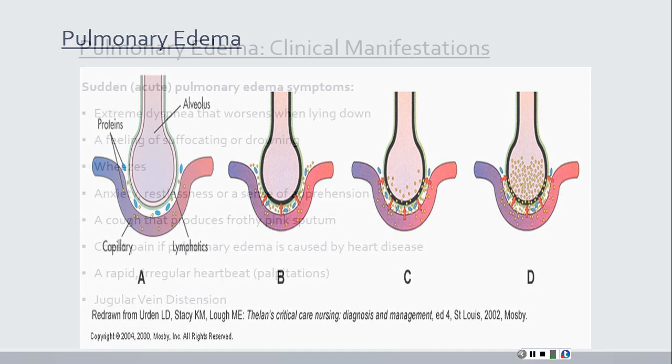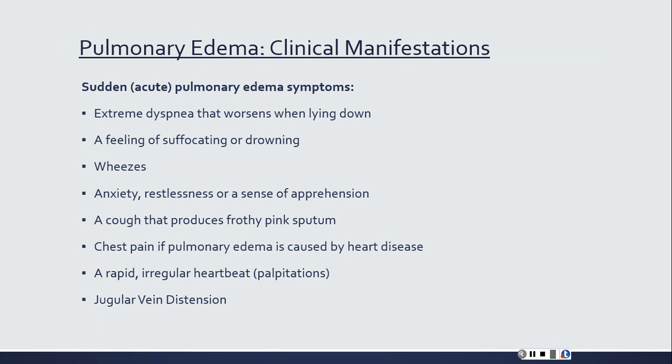All right, some of the manifestations. These are sudden acute pulmonary edema symptoms. Extreme dyspnea that worsens when lying down. This patient, you try to lay them flat and they feel like they are drowning. Why do you think that is? They are. Because these alveoli, these air sacs that are supposed to have the gas exchange happen, what happens when we change our position?